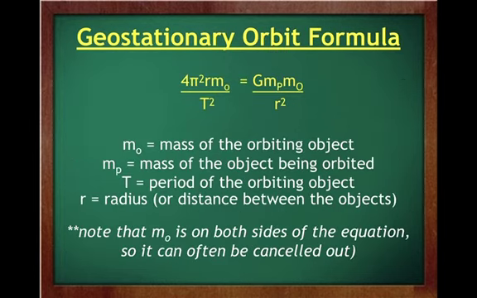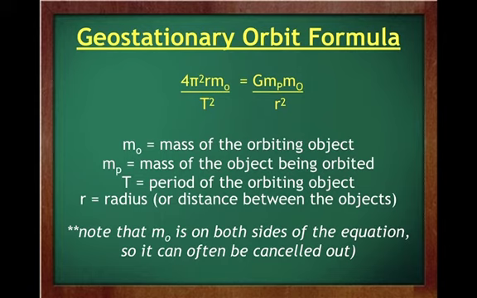So using a slightly different version of the same one actually, I'm not fully going to derive this one, per se, but we can use the following formula. This is for geostationary orbits.